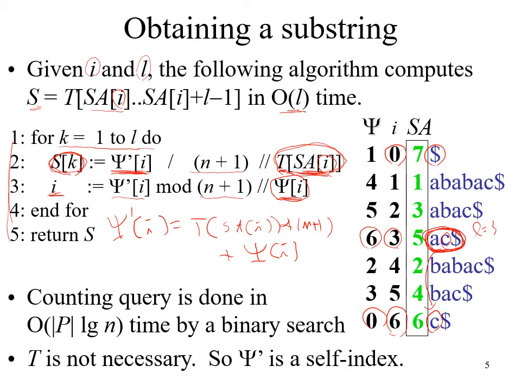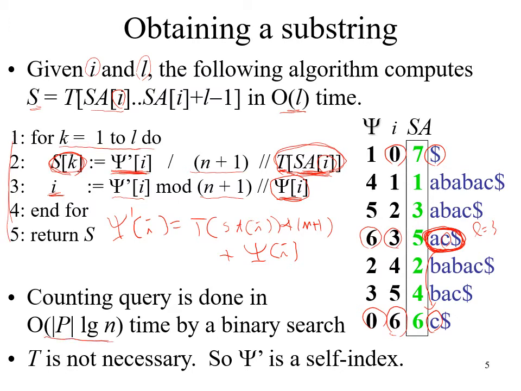So the counting query is done in order P log n time by binary search. In each step of binary search, we compute a substring of length P. It is done in order P time, and we repeat this log n times. So the time complexity is P log n.